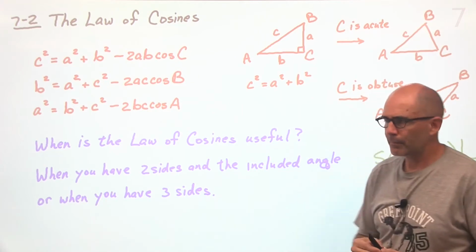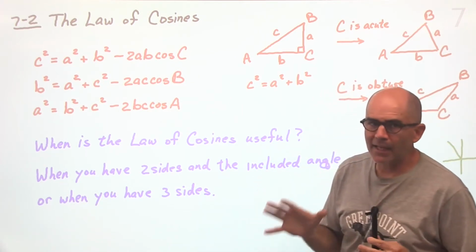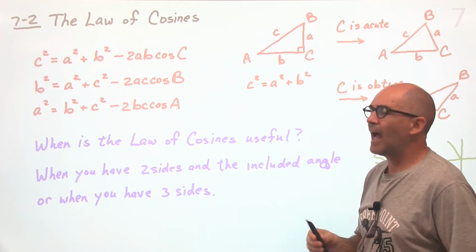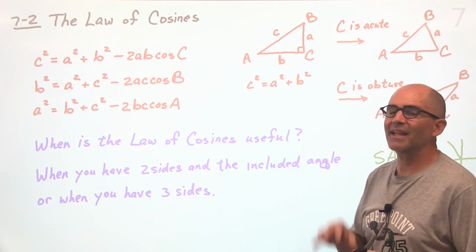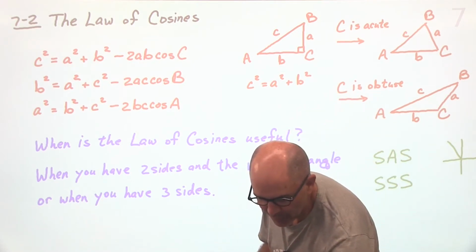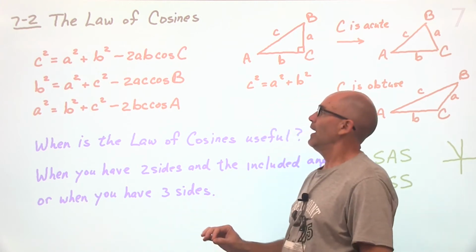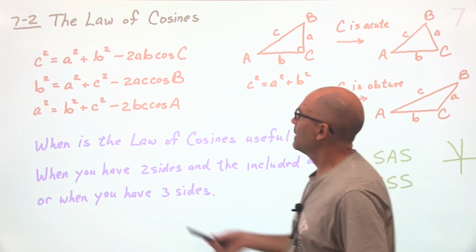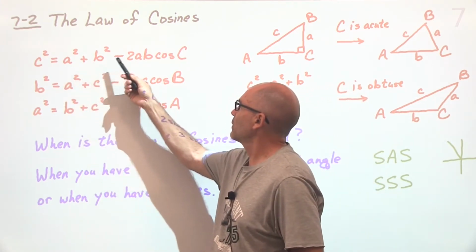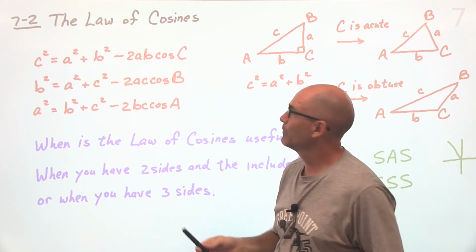Now, I'm just going to tell you this right now. In my experience of teaching, I've seen some of the most innovative screw-ups ever in the history of human beings. Yes, I've seen people go a squared plus b squared plus 2ab cosine C. That's bad.